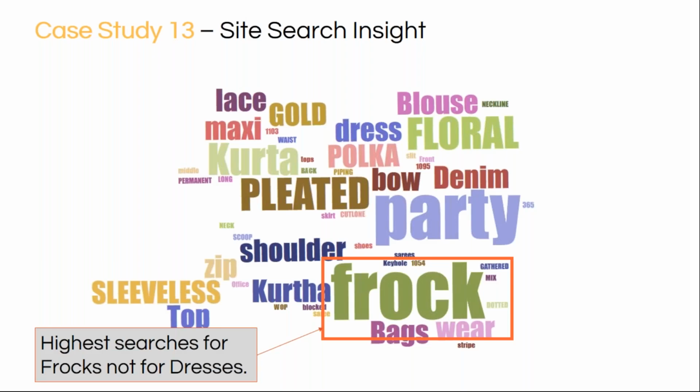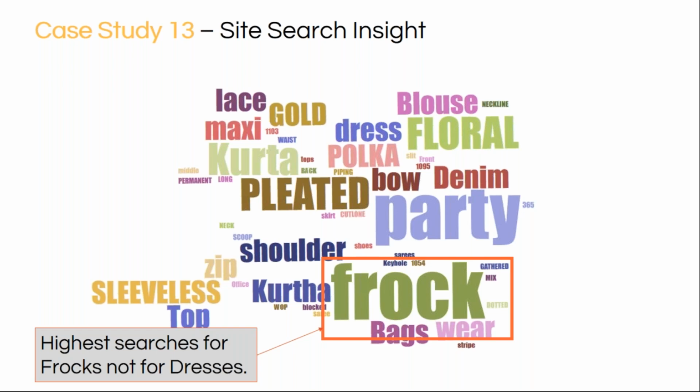I will take an example of an insight, how we ran a test, and the results we got. For an online fashion brand, we looked at their search queries and put them into a cloud, and we realized that the highest searches were for frocks.